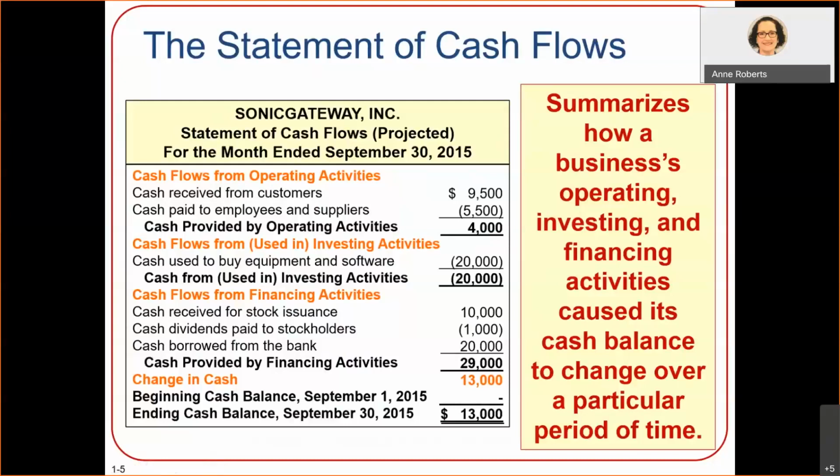Now, you know what it means to invest in something. You're investing in some kind of asset. The trick here on investing activities is that we are investing in long-term assets. Okay?